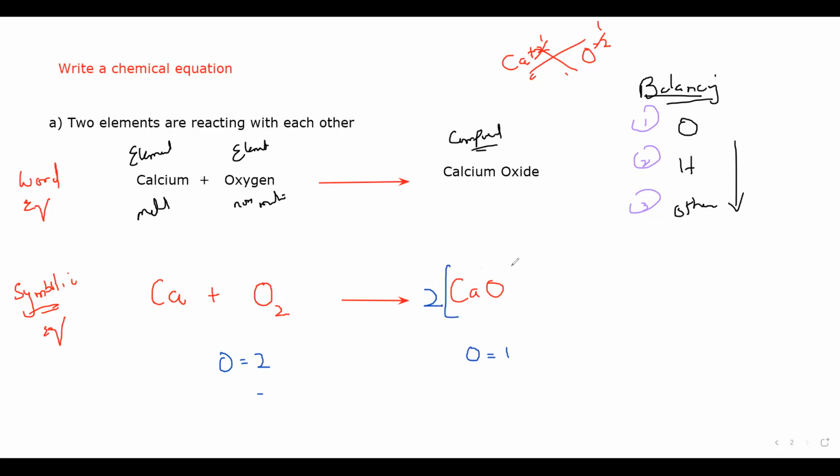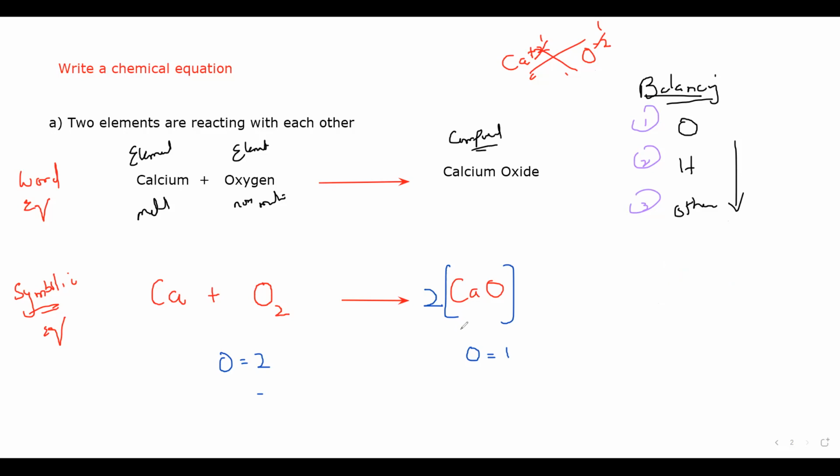The chemical formula remains the same, but now we have two molecules of calcium oxide. So when we write the number before the compound, we are not changing the chemical formula. But if you write the number like this to balance, it means you are changing the chemical formula. So you don't change the chemical formula, but you can change the number of molecules.